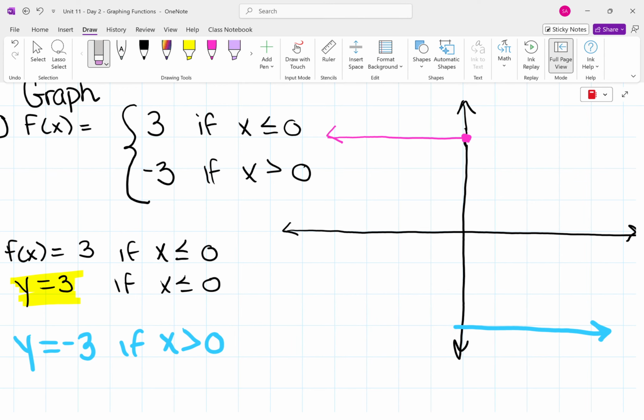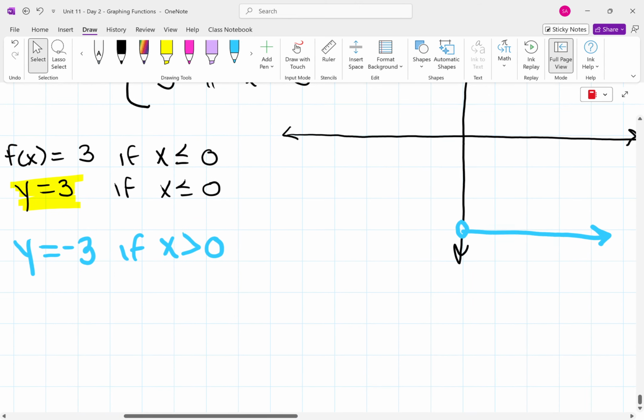Greater than 0. So the left part of this line gets erased. Now, can it be equal to 0? No. So instead of a closed circle, what do I have to put to show that it's not part of it? An open circle. And that's what this graph looks like. Not so bad, right?